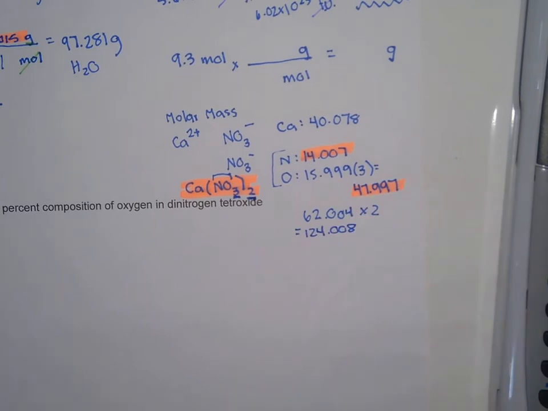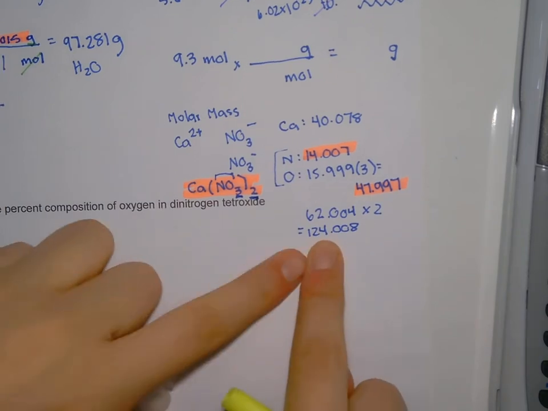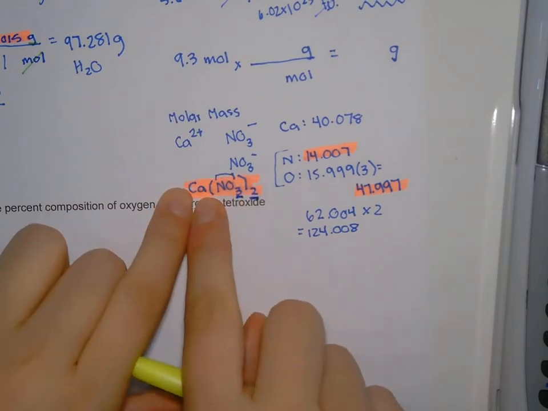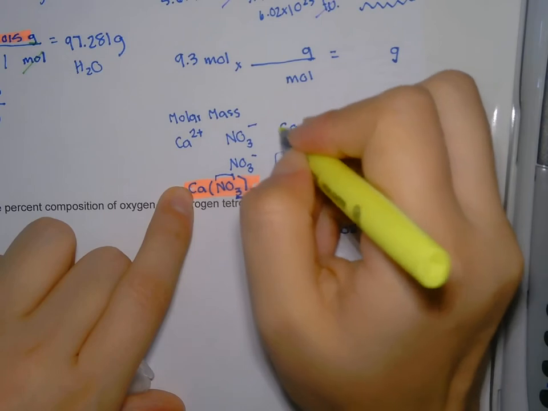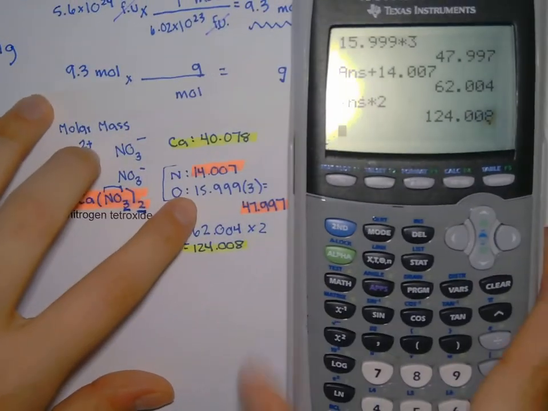But I'm like, no, you're not done actually, because let me get another highlighter here. This is only this part of the compound. We still need to add the calcium. So you have to add the calcium plus this. We're almost done with this molar mass. This is the part that takes the longest.